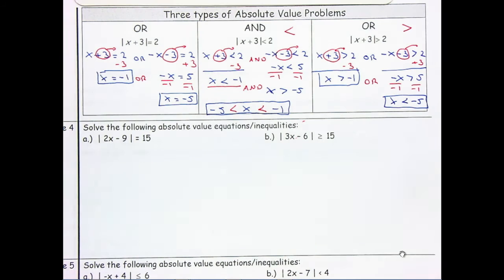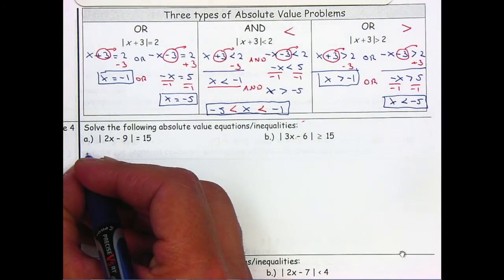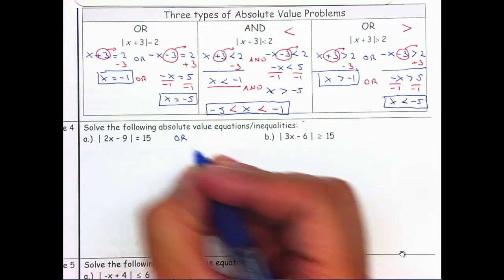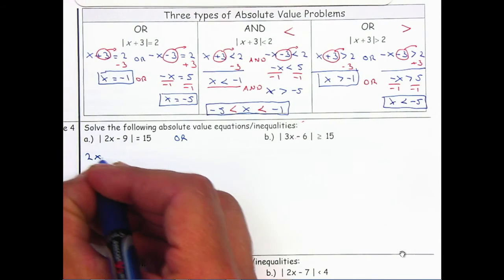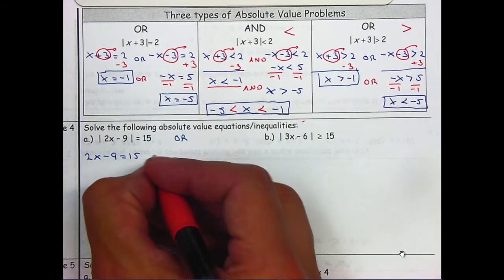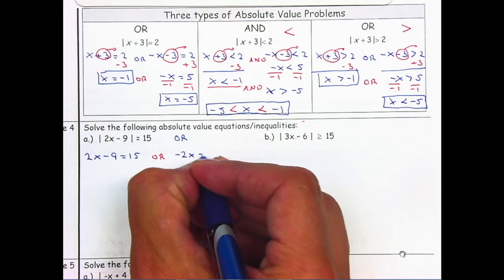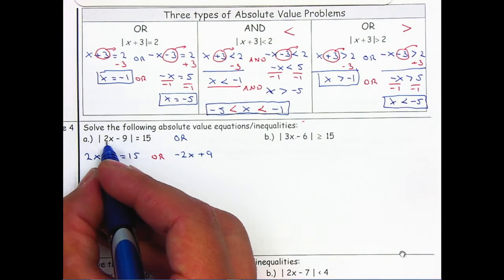Let's go and work on example number 4. It's an equal sign, so we first have to rewrite it. It's going to be an OR. We have 2x minus 9 is equal to 15. Or negative 2x plus 9, remember that becomes a negative.